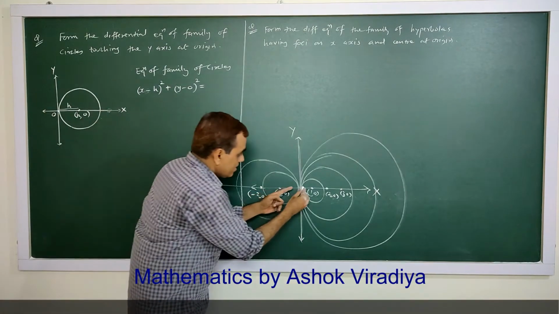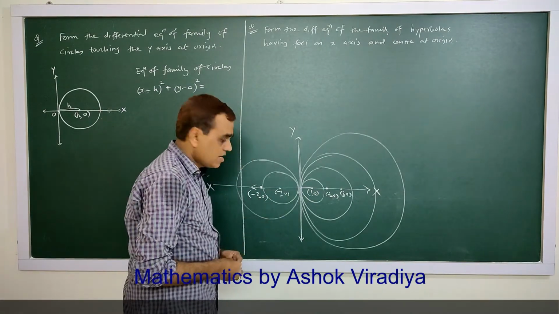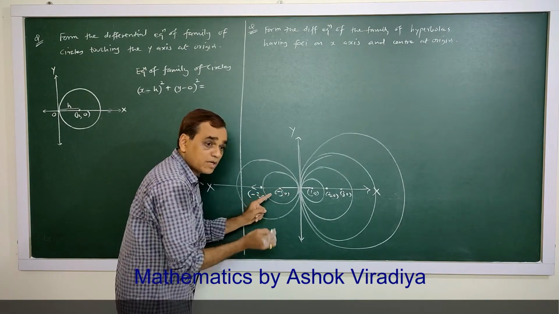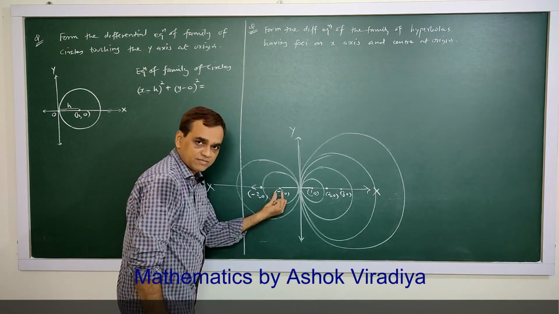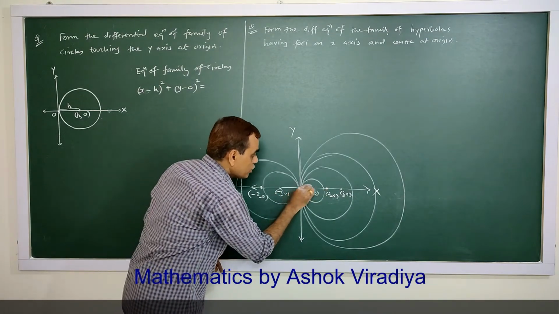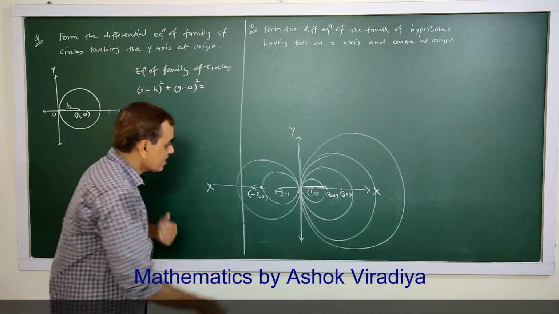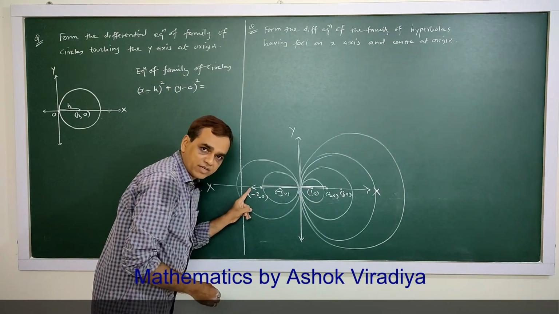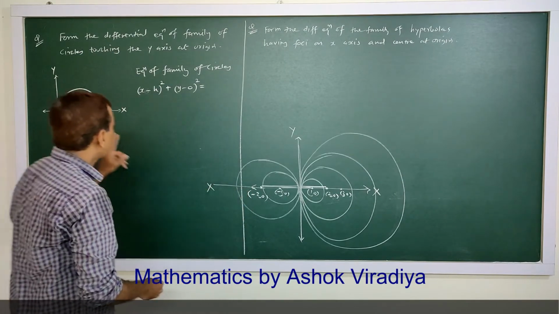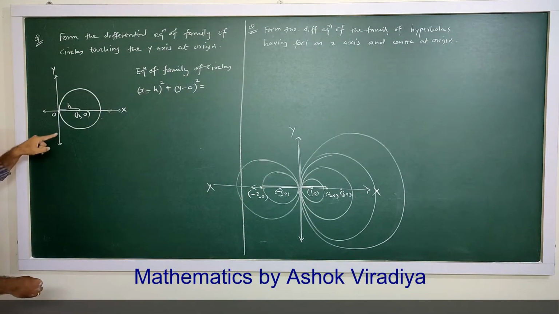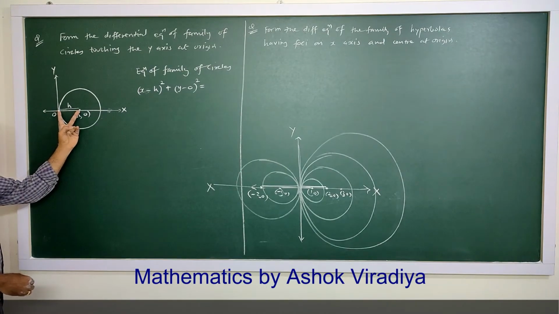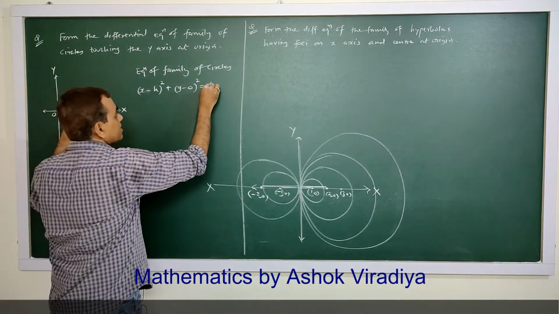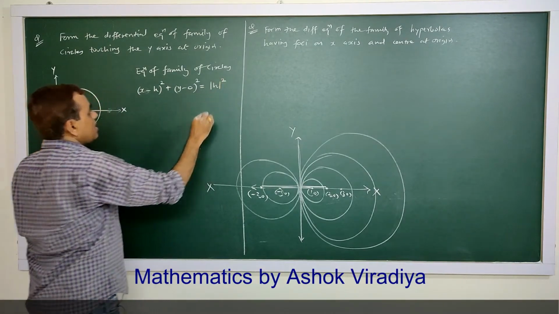Here radius is 1, but for this side circle radius is not minus 1, but modulus 1. Here radius is 2, but for this side circle radius is not minus 2 but modulus of this number. So because circle touches y-axis, its radius is equal to modulus of h, so r square is h square.